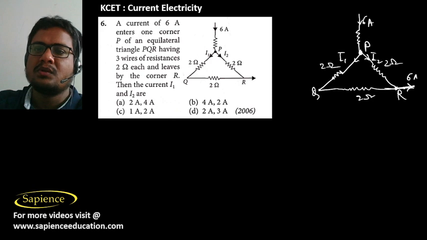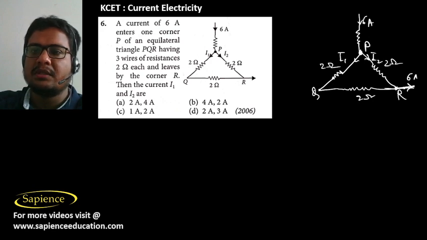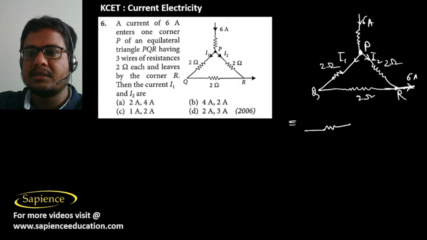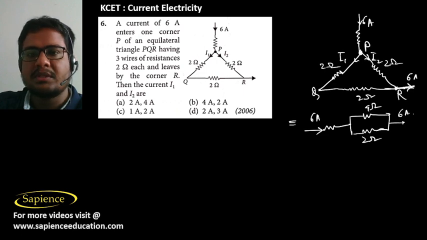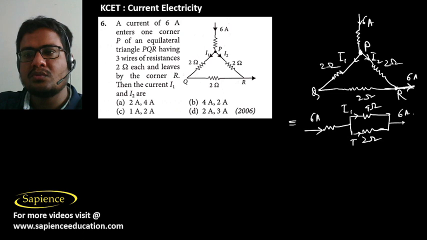So here the equivalent resistance. This circuit is equivalent to this, with 6 ampere. This is your 2 ohm plus 2 ohm. These two are connected in series, so this is 4 ohm and this is 2 ohm, and this is now 6 ampere. So through this, I1 current is flowing, and through this 2 ohm, I2 current is flowing.